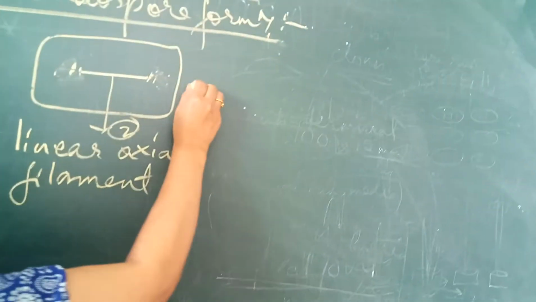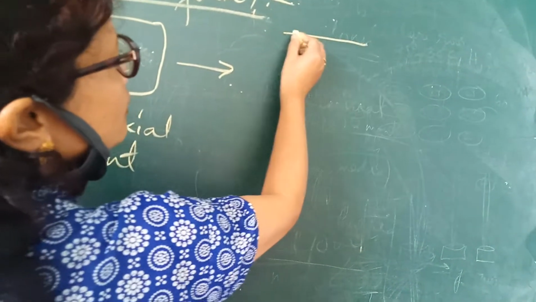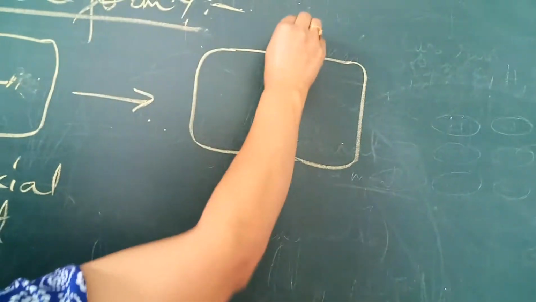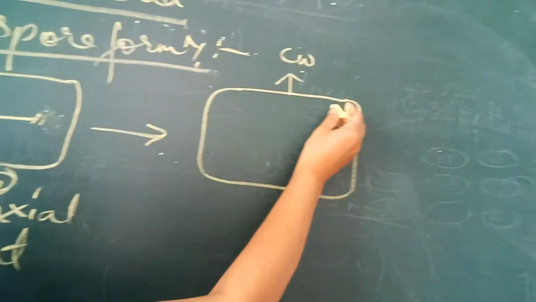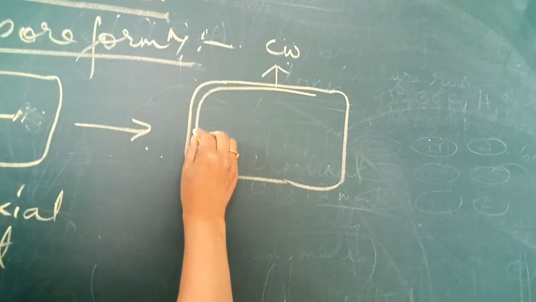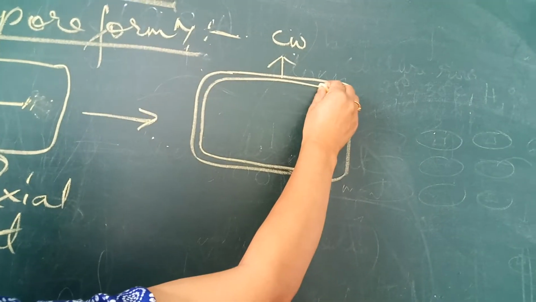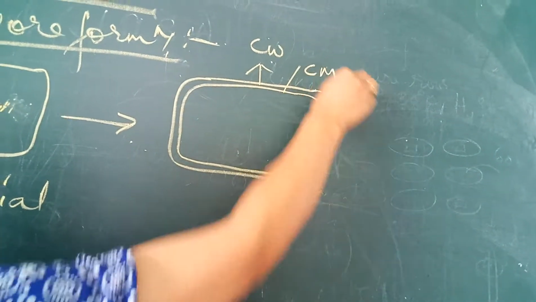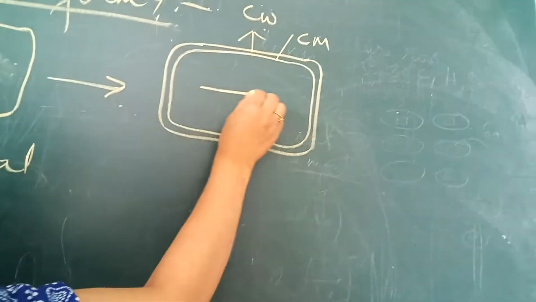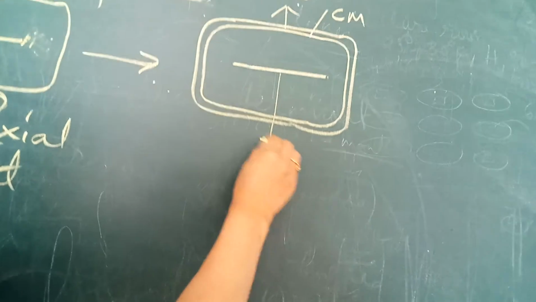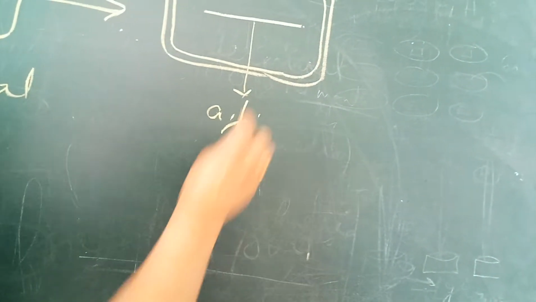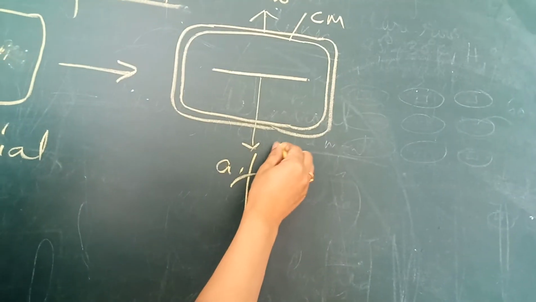Okay, in the next step, see, this is a bacterial cell. You call this the cell wall. Now this bacterial cell has a cell membrane, and this is the axial filament that was formed. What will happen in the third step?